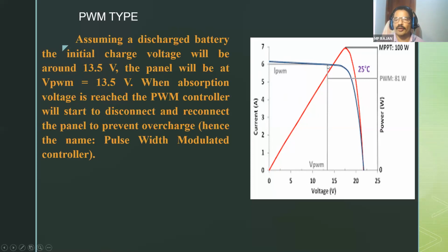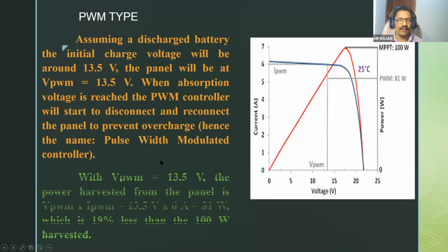This is not the maximum power point, so you will get the maximum power like this only. The corresponding current for 13.5 volt, for example, we can say 6 ampere. 13.5 into 6 ampere, we are utilizing only 81 watt, whereas the solar panel maximum power is 400 watt, for example. So out of the available power, we are getting only 81 watt.